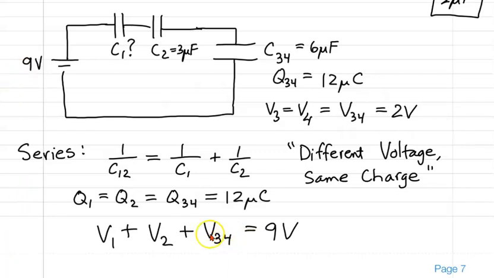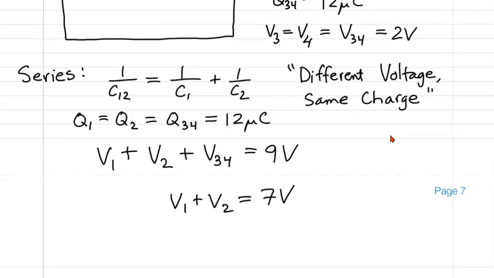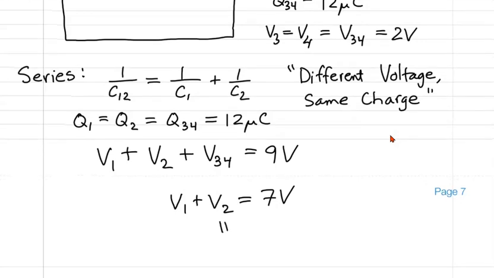Now we already know what V34 is. It's 2 volts. So we can subtract that out. Get V1 plus V2 equals 7 volts. Using the capacitor equation, V2 is equal to Q2 over C2, and these are known as well. Remember, Q2 is equal to Q34, so that's 12 microcoulombs.